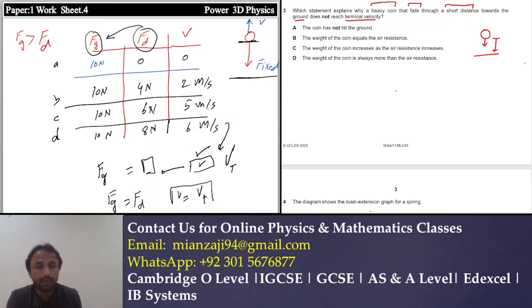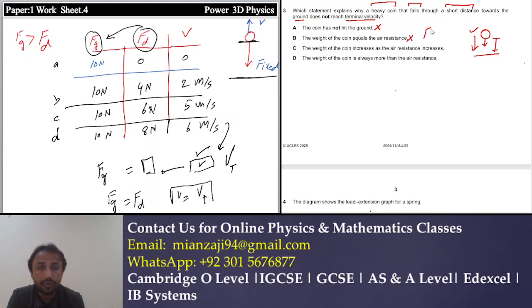Now coming to our point, the coin has not hit the ground. This is not the problem. If you leave this coin, it will definitely hit the ground. There is no other force that can sustain this coin in the air. This is not the case. The weight of the coin equals the air resistance. This is not the case.